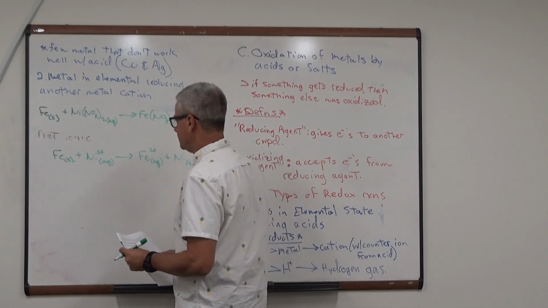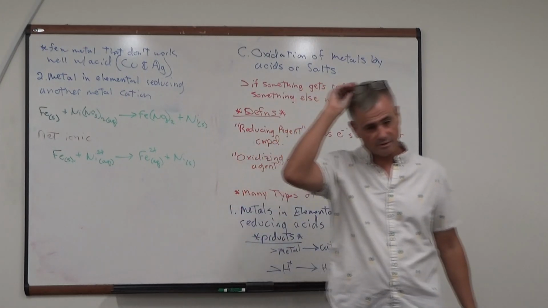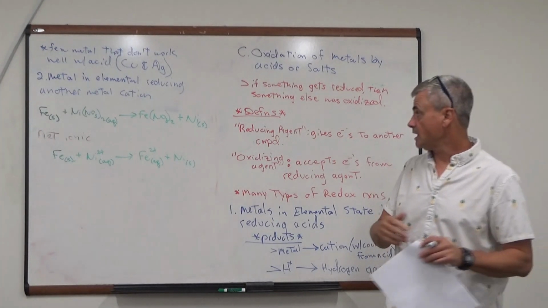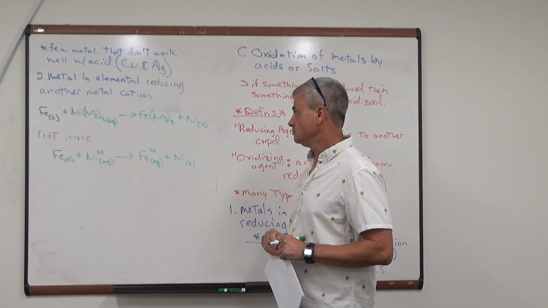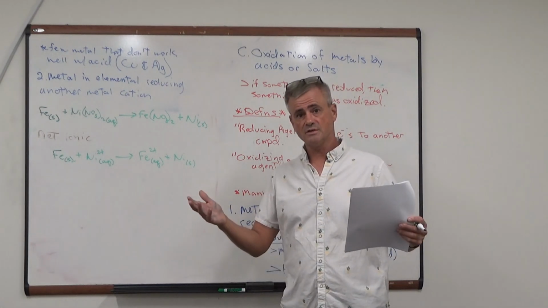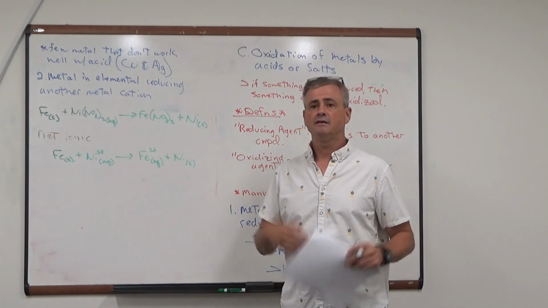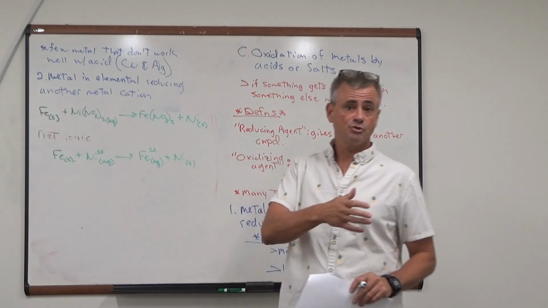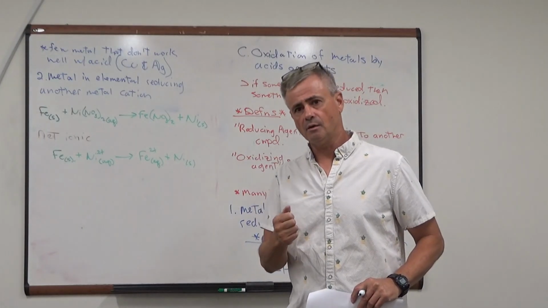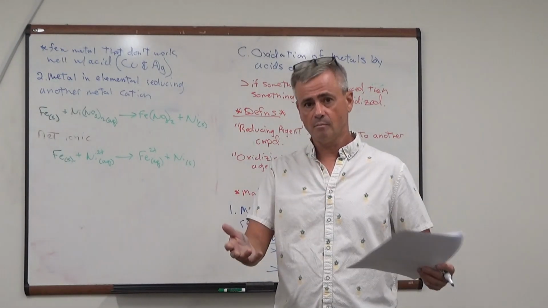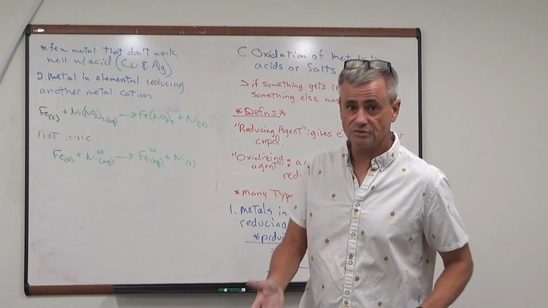All right, so another thing you might be tasked with is you might be given a full equation and asked to first identify whether there was a redox reaction, and if there was, what got reduced, what was the oxidizing agent, or what got oxidized, in other words, what was the reducing agent.